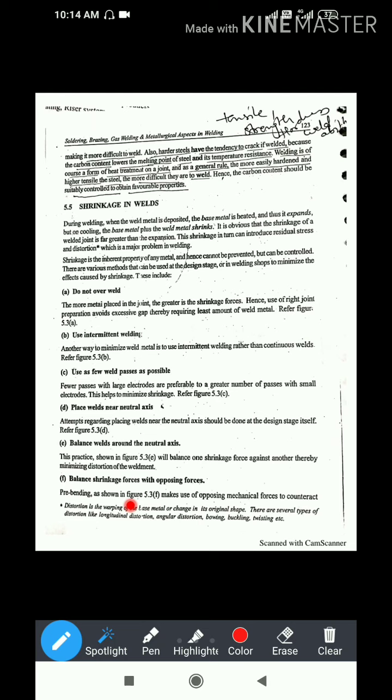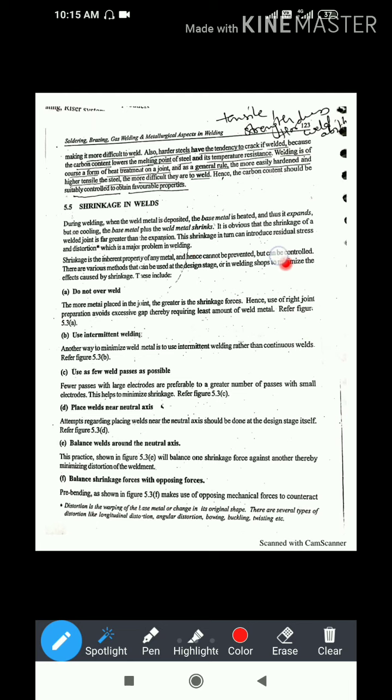Shrinkage happens in casting, and in the same way it happens in welding also. During welding, when the weld metal is deposited, the base metal, the workpiece, is heated and expands, and on cooling the base metal plus the weld metal shrinks. It is observed that the shrinkage of the weld joint is far greater than the expansion.